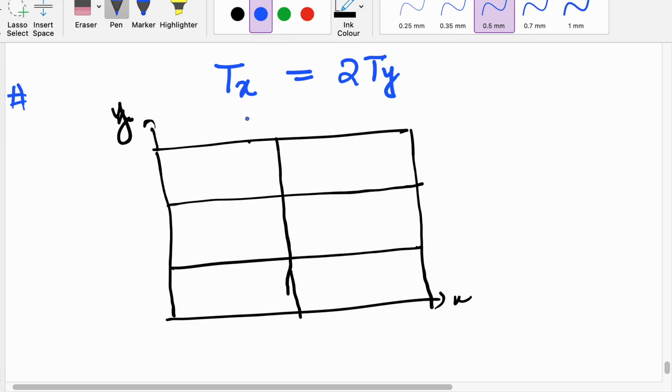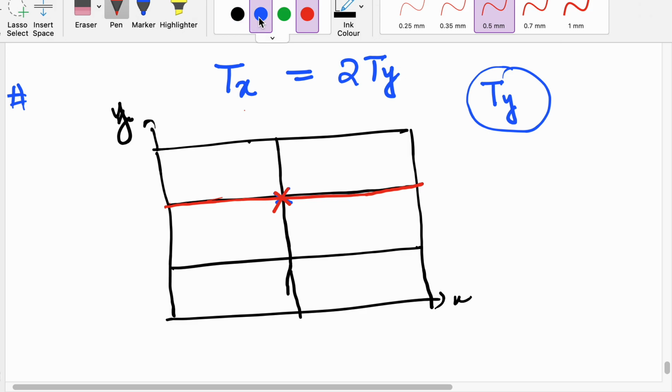Suppose I started from here, and I observe after ty time. Since y will return to its value, y will be anywhere on this red line. So the y will be the same for this red line, but tx does not reach the same point.